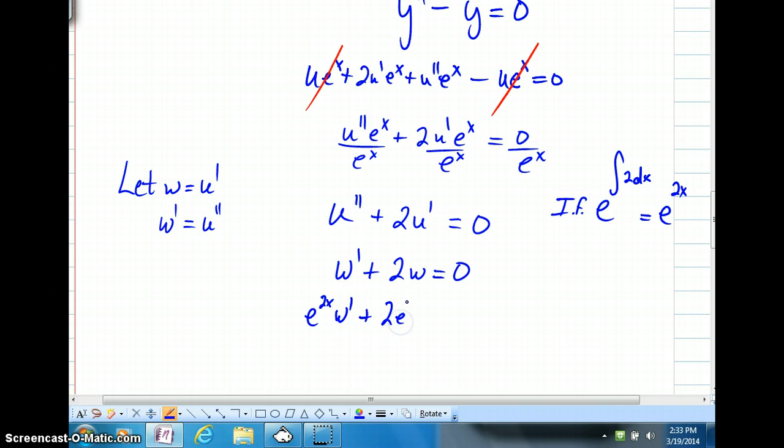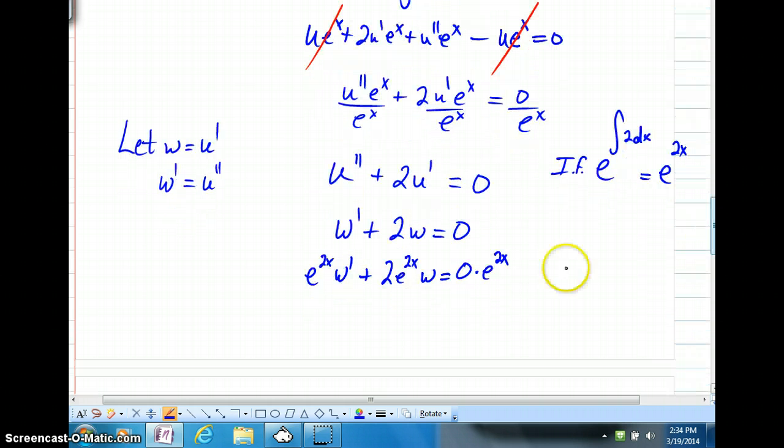I'll move the 2 out in front. Okay, so you've got 0 on the right side. Would you agree with me, guys, that really on the left side I've got a product rule? You always do.